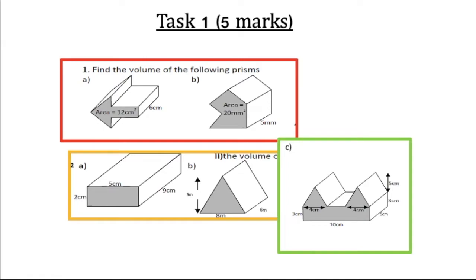All I would want to see is task 1 and the answers properly labeled, and then task 2 and the answers, and so on and so forth. Cool. So this is your task 1 after recapping formula.